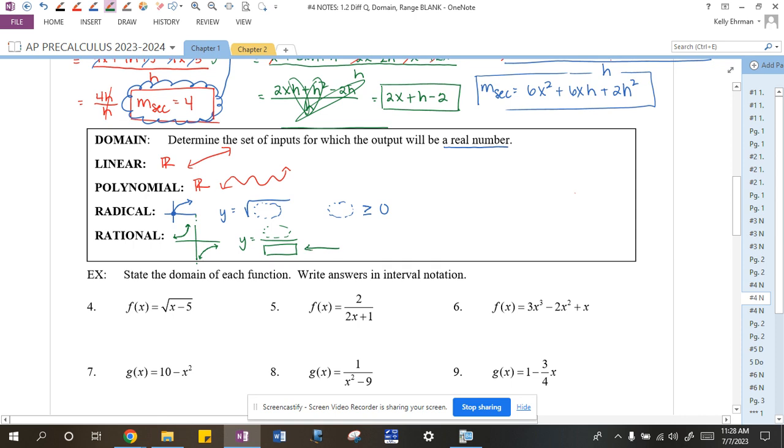Whatever you have in your denominator, it doesn't have to stay positive, but it just can't equal 0. So it might be that, okay, x can be any real number except 3, because that makes me divide by 0 in the denominator. So we need to pay attention to what type of function we have, and then we can figure out our domain from there.